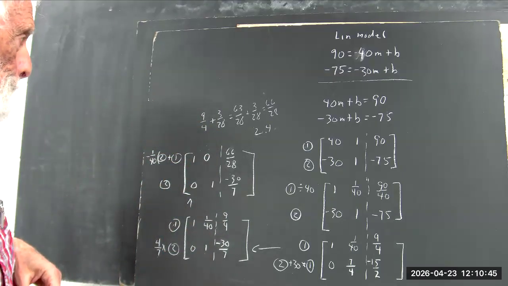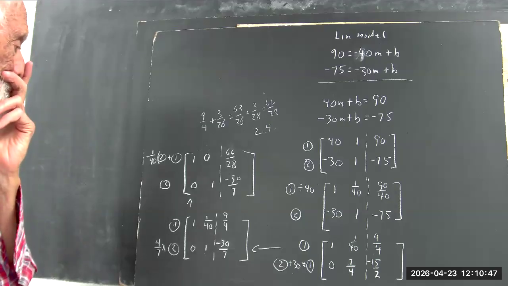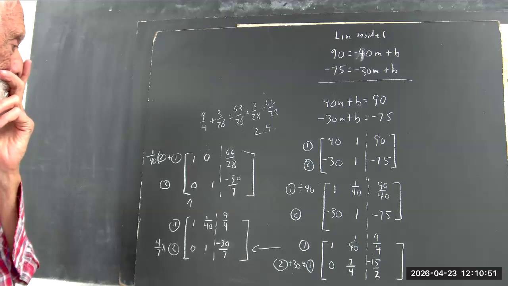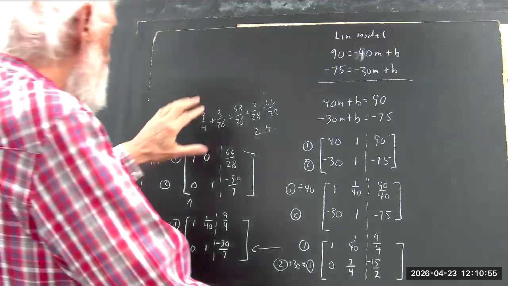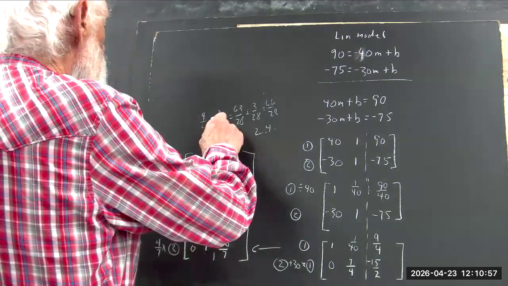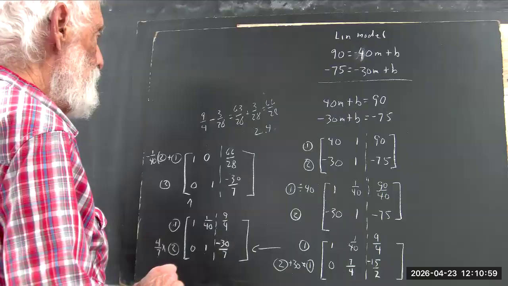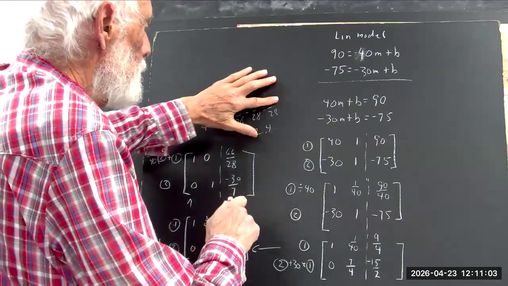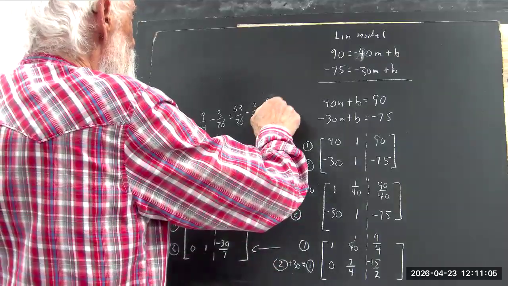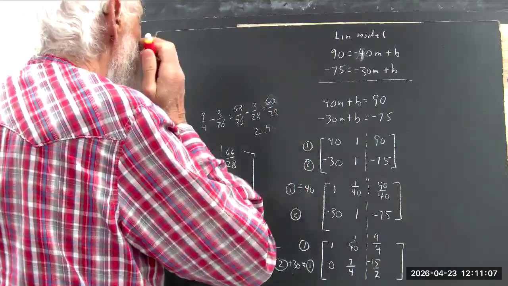Okay. I think I might have made a mistake there, because it isn't a -4/7, it's a 4/7. It should be 9/4 minus 3 over 28, which would be 63 minus 3 over 28, which would be 60 over 28.